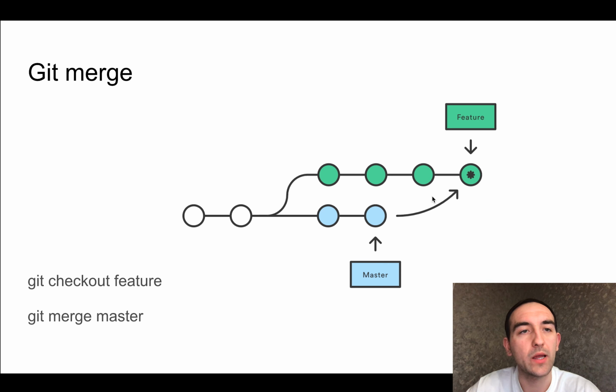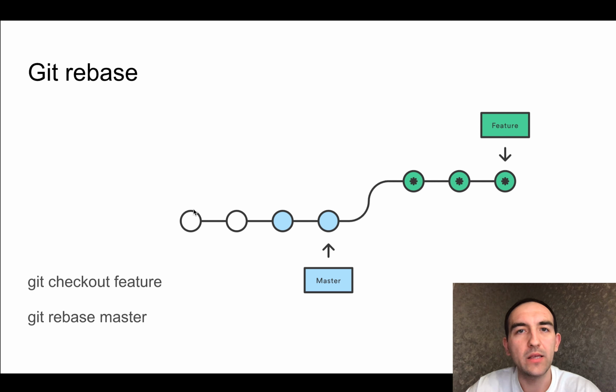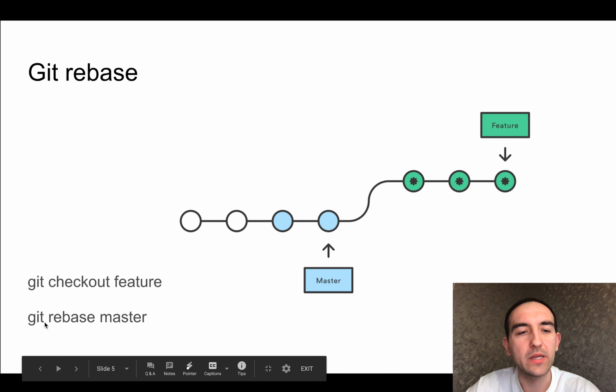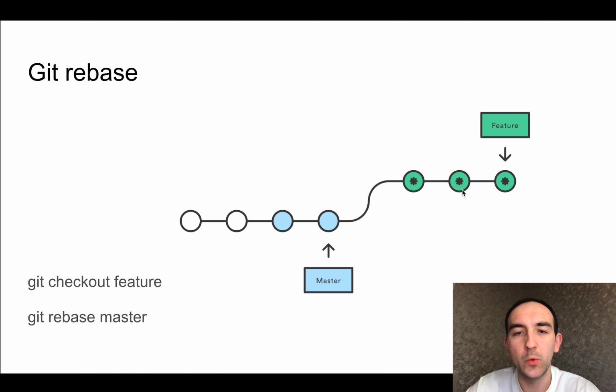Compared with Merge, we can use Git Rebase. Git Rebase works in a bit another way. We have git checkout feature, of course we check out to this feature, and we run the command git rebase master. In this case, we are just moving the pointer from master to the feature branch, and we have this one line of history.